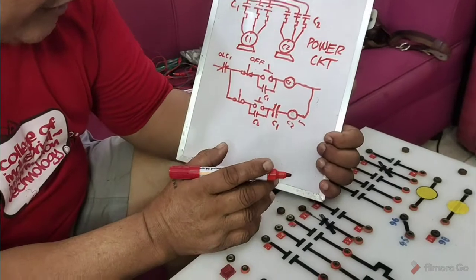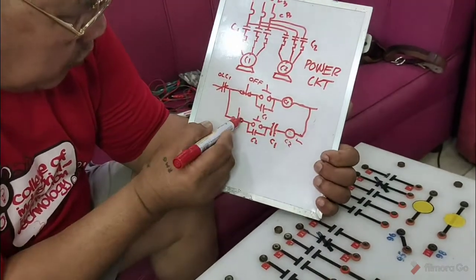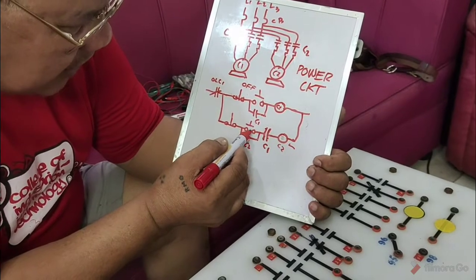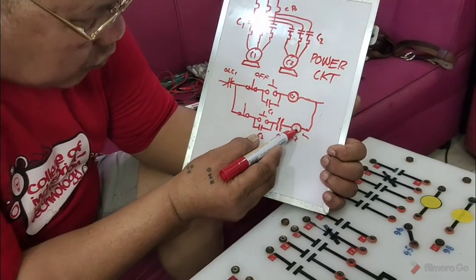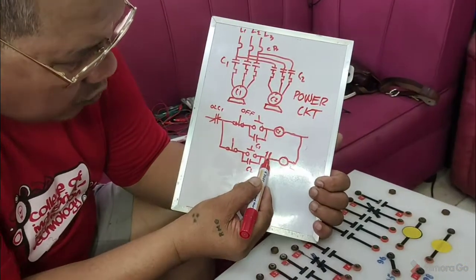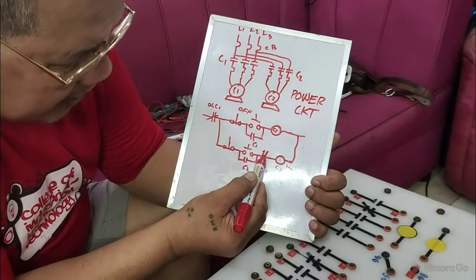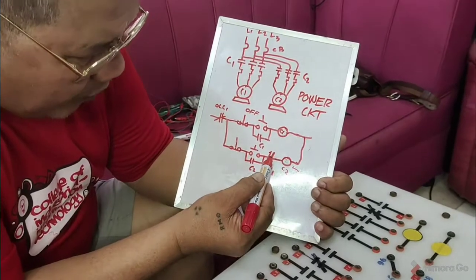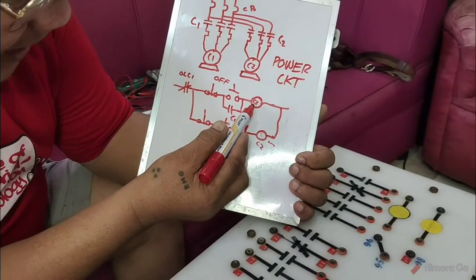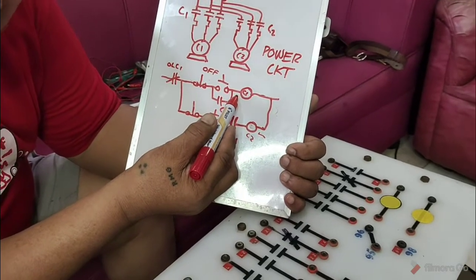You listen, okay? If I switch this on immediately without pressing this one, do you think there is a current that will continue flowing to holding coil number 2? No. Why? Because this is still open. And why is it still open? Because conveyor number 1 is not running yet.